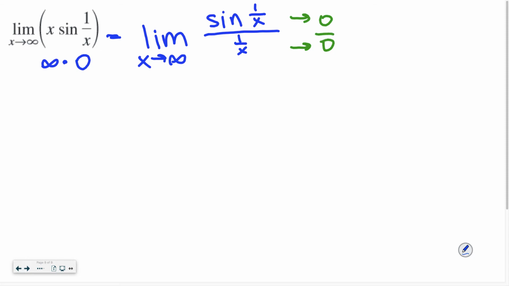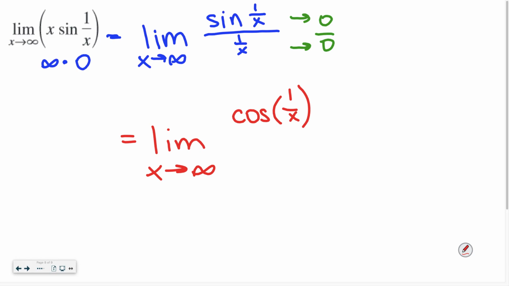Now we can apply L'Hopital's rule because we have an indeterminate form that is a fraction. All right, fun stuff. What is the derivative of sine? And then we have to apply the chain rule.